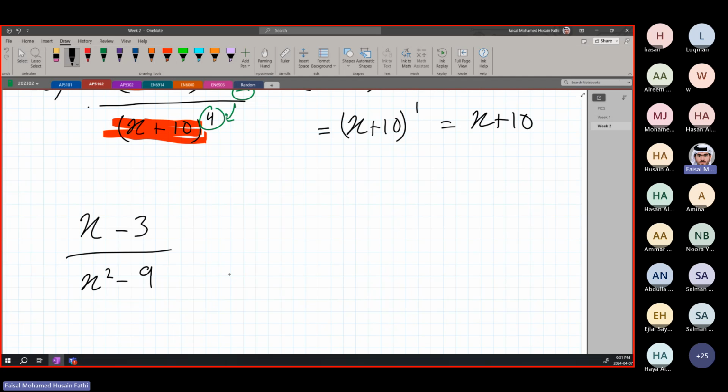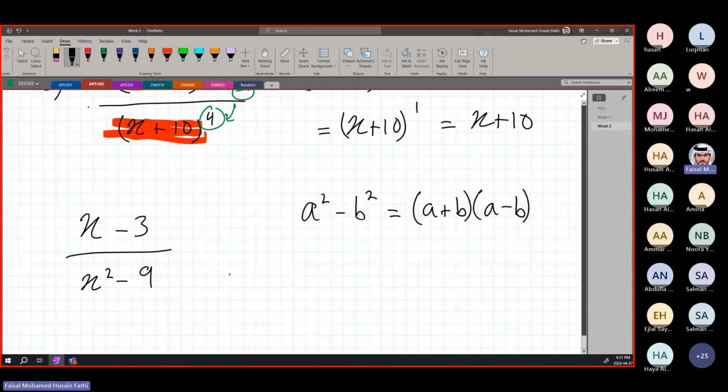So the bottom part, there is a formula you guys need to know, which is a squared minus b squared is equal to a plus b times a minus b. I'm pretty sure you've seen this before. This is one of the basic mathematical rules, algebraic rules.